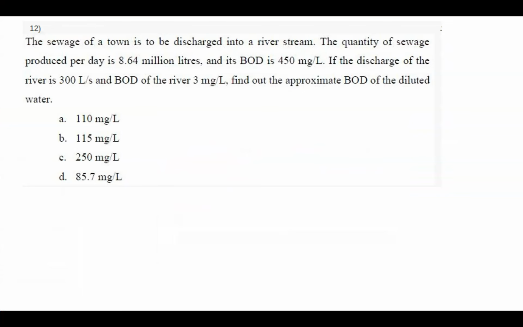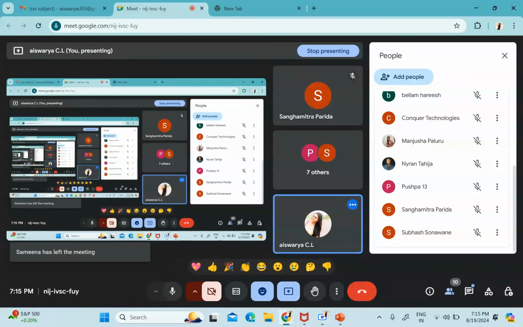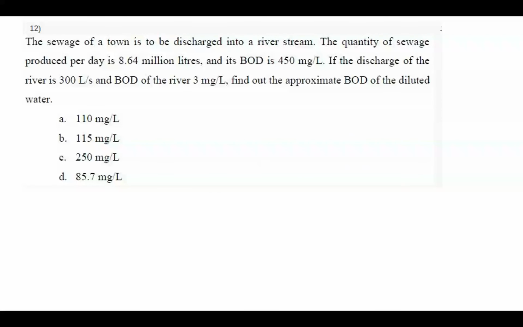Read this question. Okay, we'll start this.